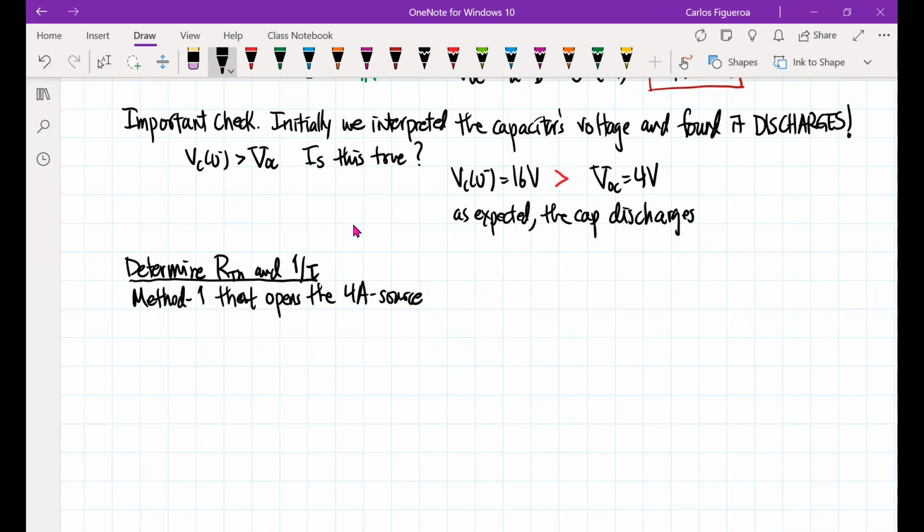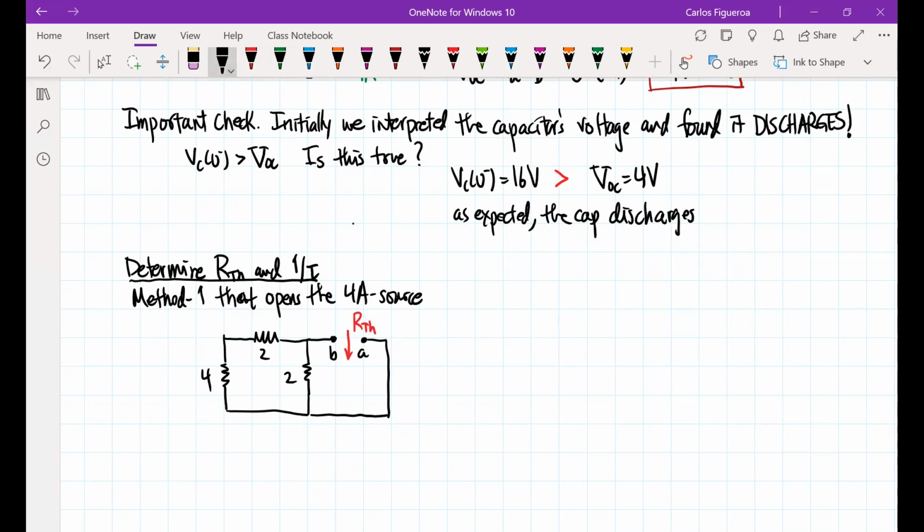I'm going to have a 2 ohm, another 2 ohm, a 4 ohm, and then here's my open right here. Here's B, here's A, and so here's 4, 2, 2. Then I want my RTH right in between here.